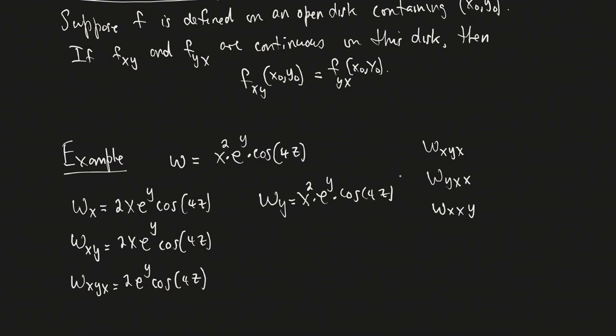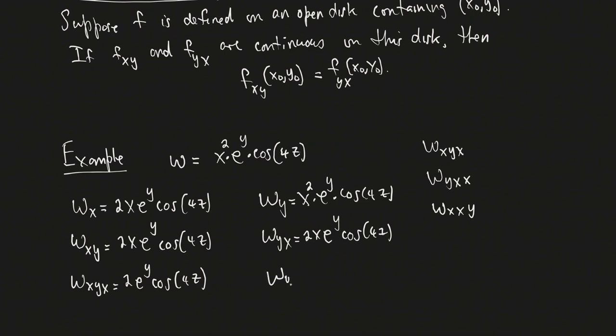So looking at this, differentiating once with respect to x gives me 2x e to the y cosine of 4z. There you go. And look, in fact, you can see that Clairaut also applies here because this mixed partial is identical to this mixed partial. So then when I differentiate with respect to x, we're going to end up with the same result.